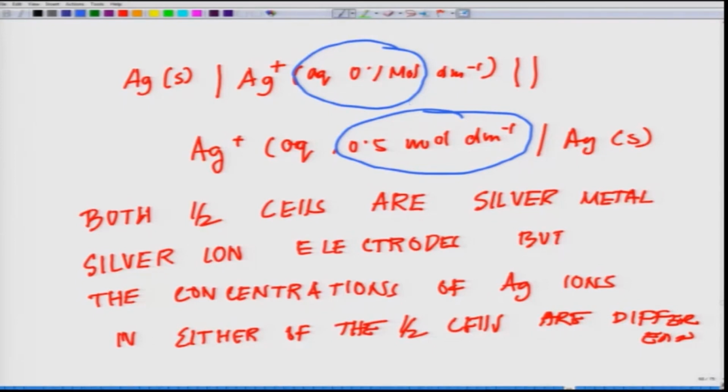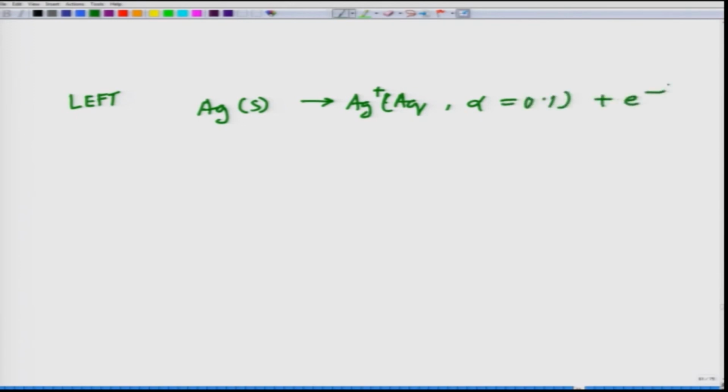Now, as we always say, we first have to understand the reactions at the left and right hand sides. On the left hand side, the reaction is Ag solid giving Ag+ aqueous (0.1 M) plus an electron.